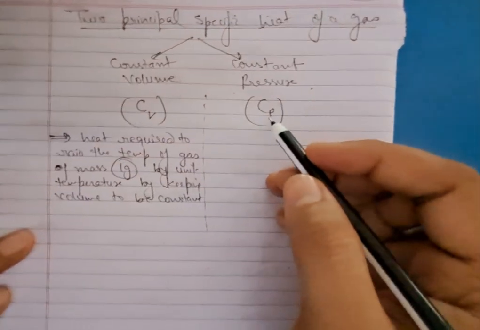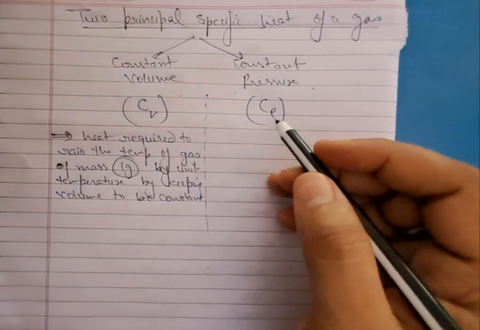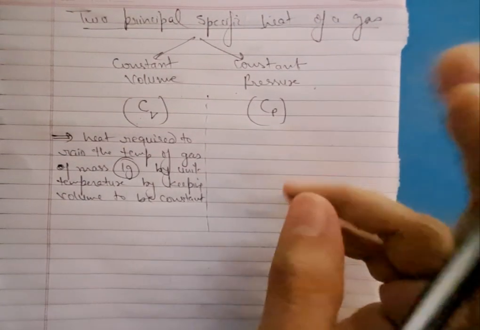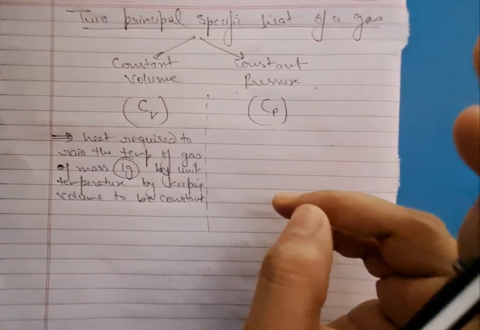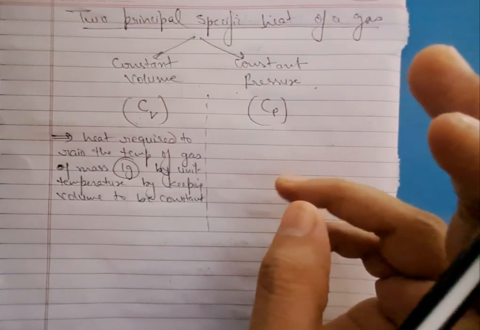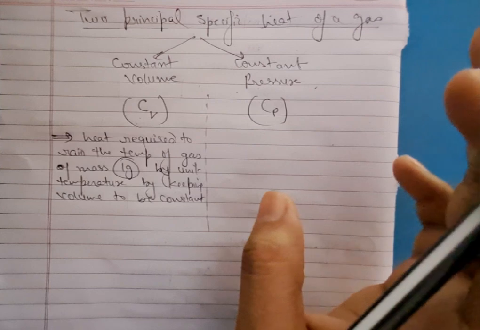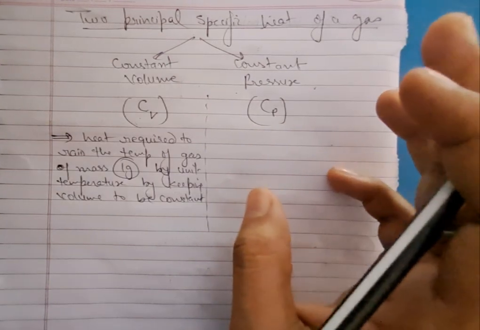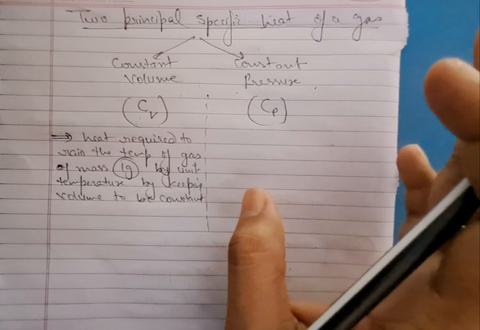Now we will talk about constant pressure. In order to keep the pressure constant, we are not keeping the volume at a specific value here. So in order to keep the pressure same, we can change the volume.